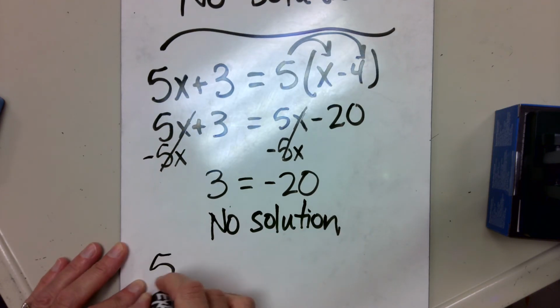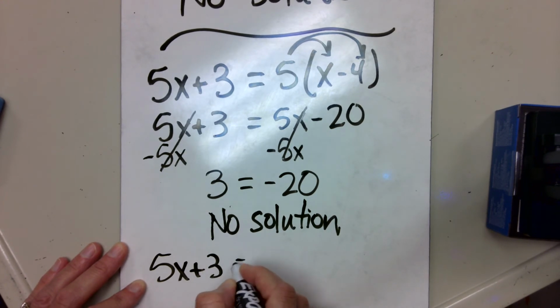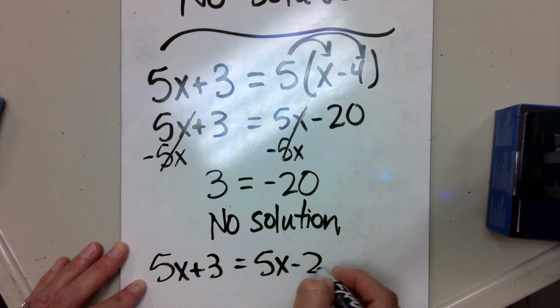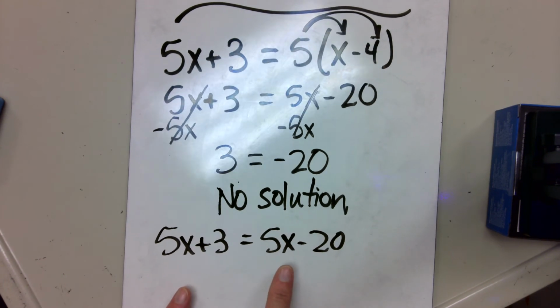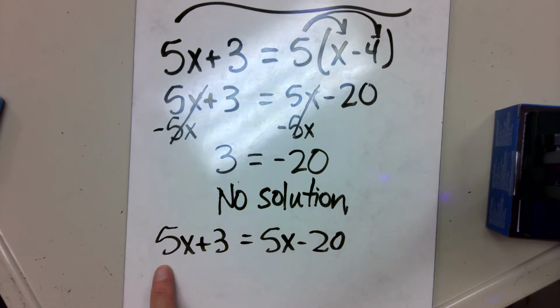Now I'm going to use this part of our equation to test it. So if I write 5x plus 3 equals 5x minus 20, I can clearly see that nothing will balance this equation. This side and this side has the exact same number in it. But the left side is adding 3 to that number, so it's making it 3 larger.